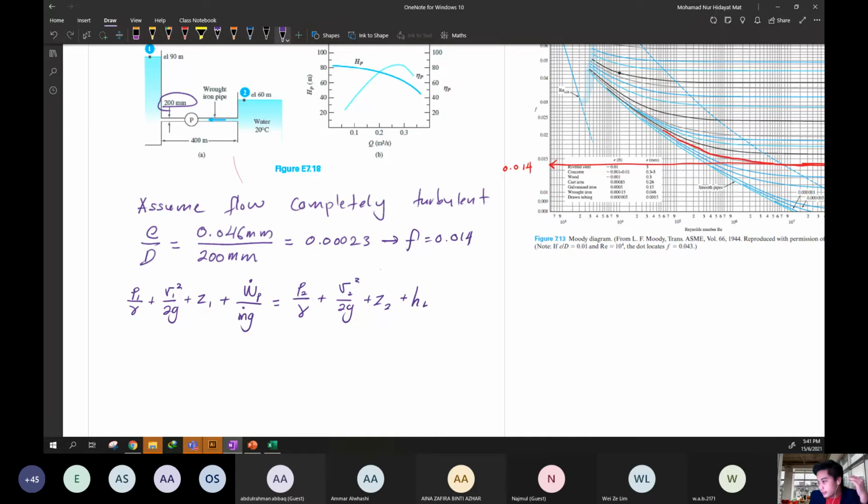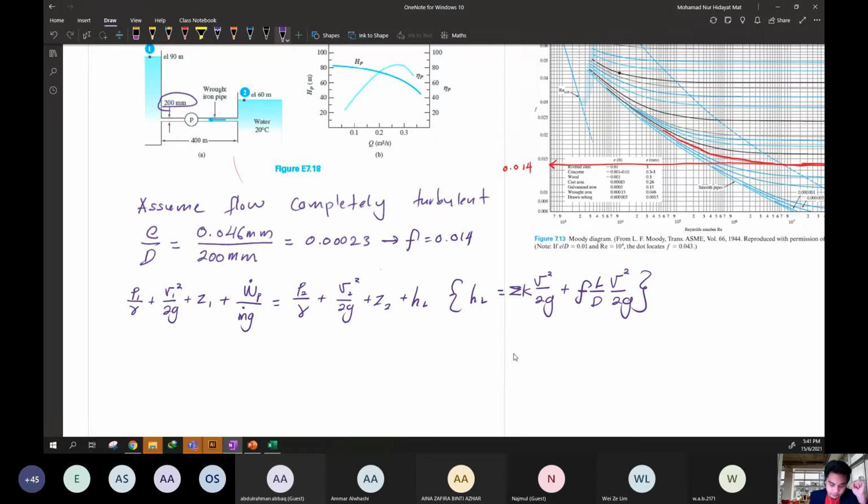Remember that the heat loss is considered by major and minor losses. So we start with minor losses first: the summation of K V squared over 2g, plus the major losses f L over D V squared over 2g.